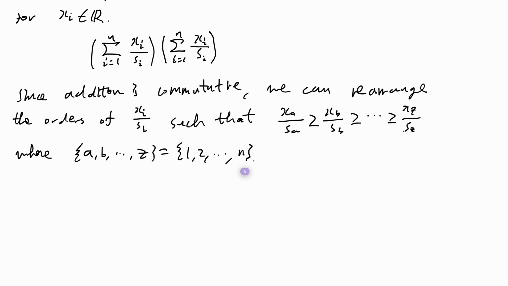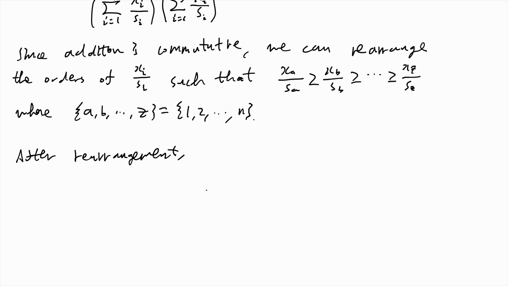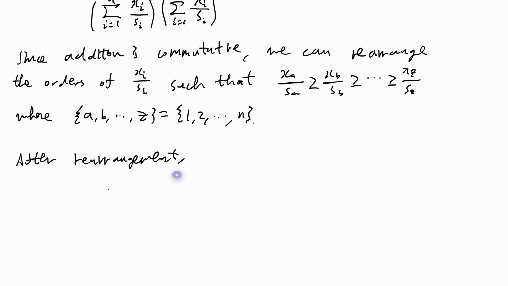So after rearranging them using Chebyshev's inequality, s of i squared over x of i squared is greater than or equal to this one.